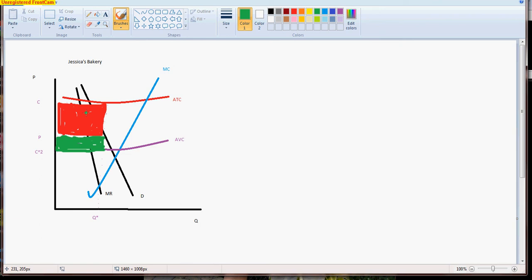So this is why the price searcher firm would be staying open, because their average variable costs are lower than the price, which means that they can be making some money technically with their average variable costs, but they are definitely making losses because their average total cost curve is higher than the price that was set with the demand curve.